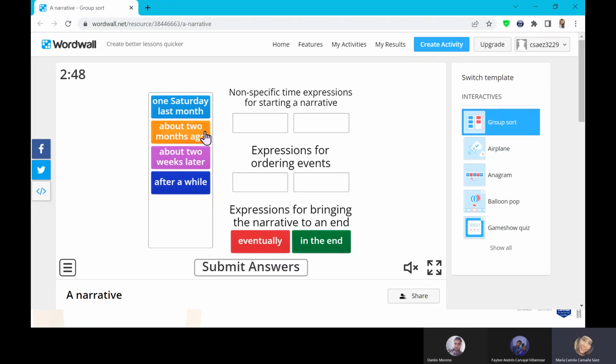So when you are starting a story, you hear or read things like "once upon a time" or "a few years ago", big amounts of time, and "about 2 months ago" is a non-specific time expression for starting a narrative.